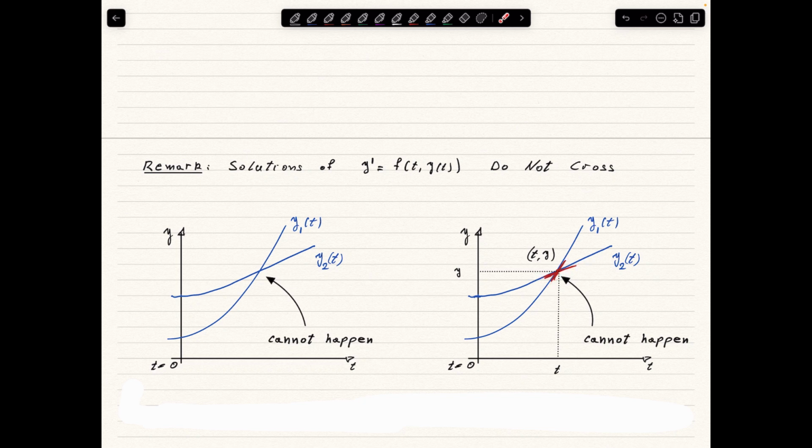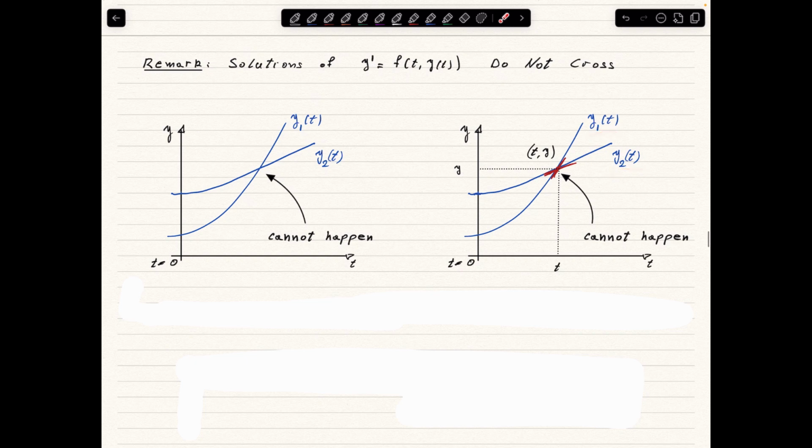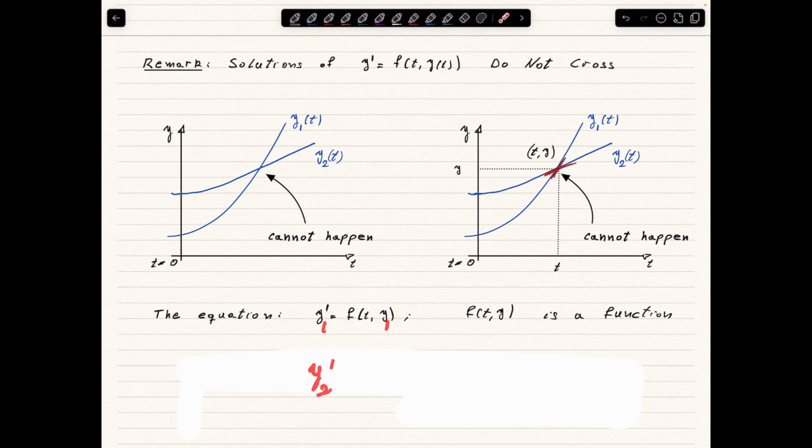That means, because these functions are solutions of the same differential equation, that y1 satisfies the equation, and y2 also satisfies the same equation, and at the same point this f has a different value from this f, because for one solution it is this slope, for the other solution it is this slope.